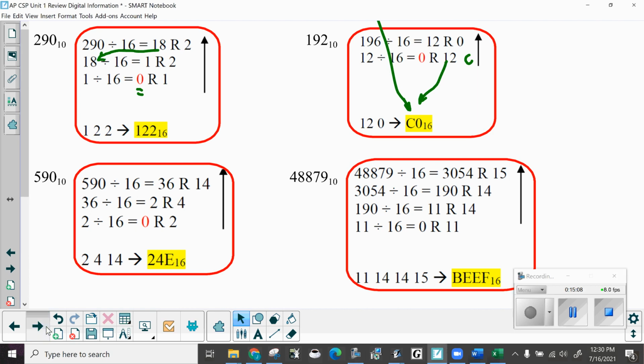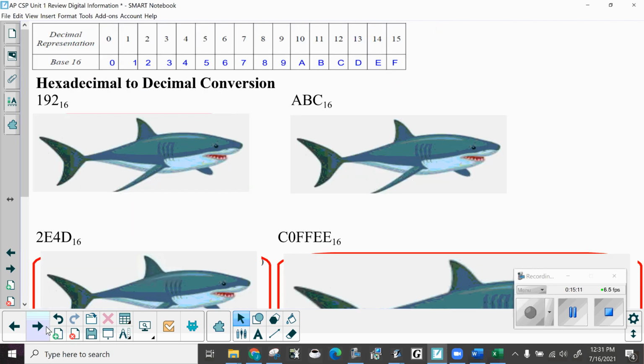Okay, hexadecimal to decimal conversion. Just like when we did binary to decimal. Okay, it's the same kind of process, except with hex values. So if this is 192, I'm going to do 2 times 16 to the 0, 9 times 16 to the 1, 1 times 16 squared.